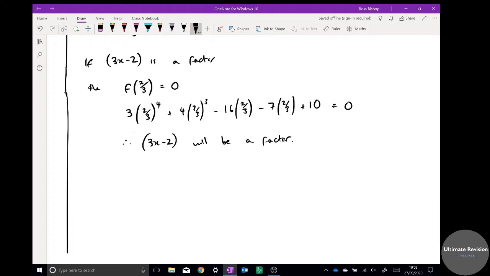Now, the final example before I give you some questions is more of a problem solving one. So let's have a look at one of these, a problem solving example. And here we go.